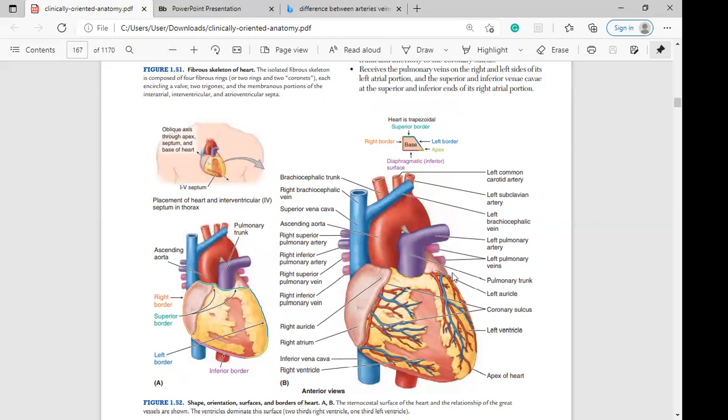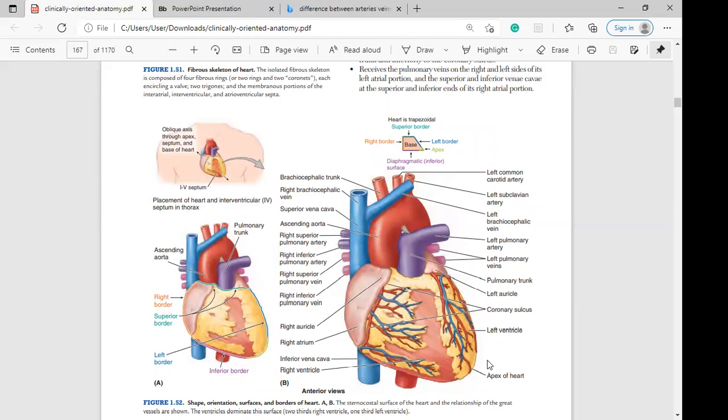All of these form the base of the heart, while the apex of the heart, we said, is formed by the inferior lateral part of the left ventricle, which is located in the fifth intercostal space. And this is where you hear the apex beat of the heart.